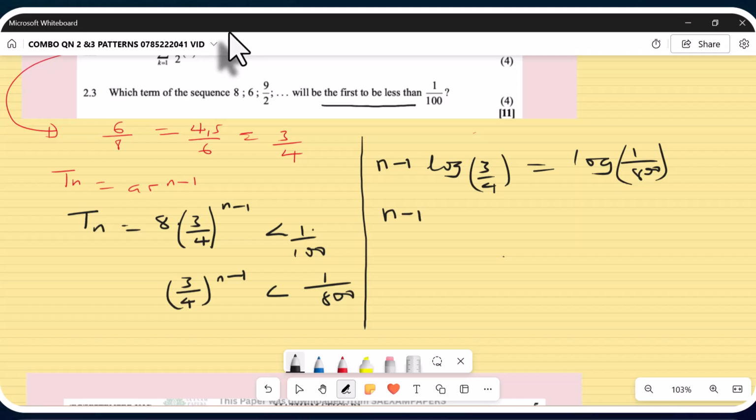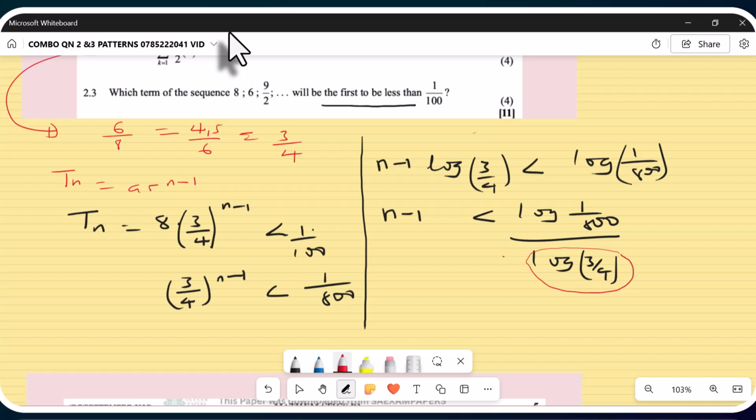Now if you divide by log of 1/800 divided by log of 3/4, because the log base 10 of 3/4 is a negative, the inequality sign must change. So now n minus 1 is greater than whatever comes out of here.